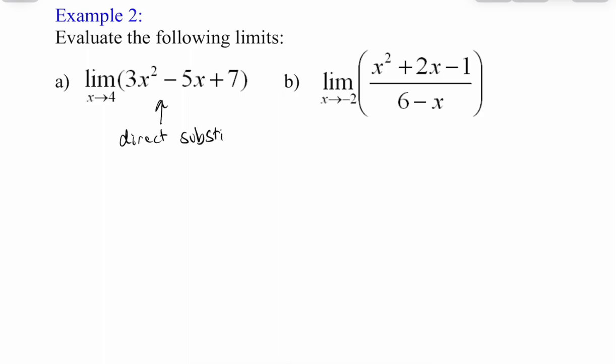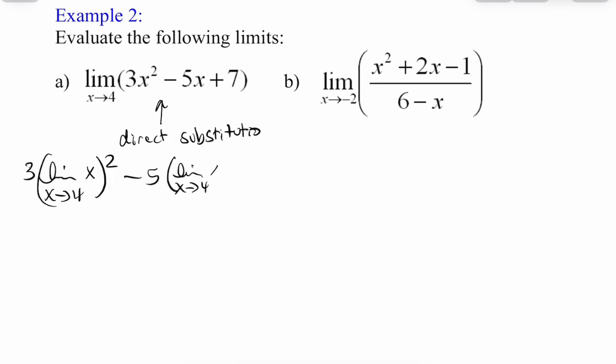Now, why can you do that? Well, because it's really just going to be the limit as x approaches 4 of 3 times x squared minus 5 times the limit as we approach 4 of x plus the limit as x approaches 4 of 7.